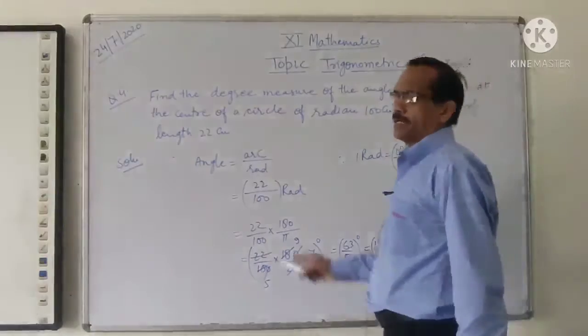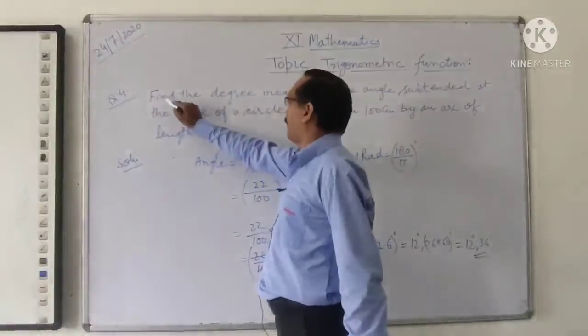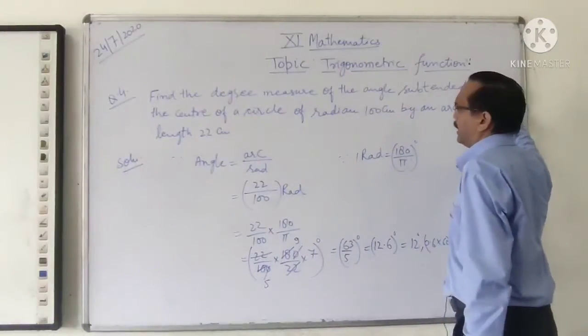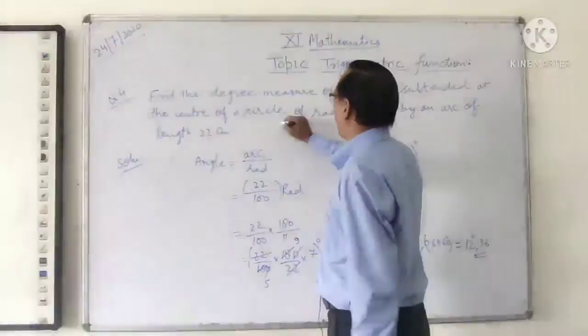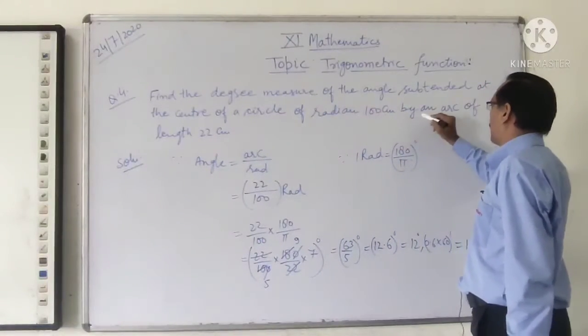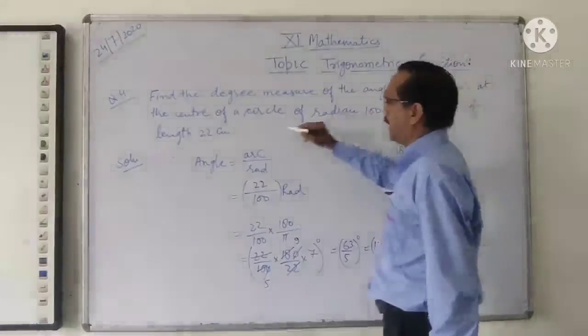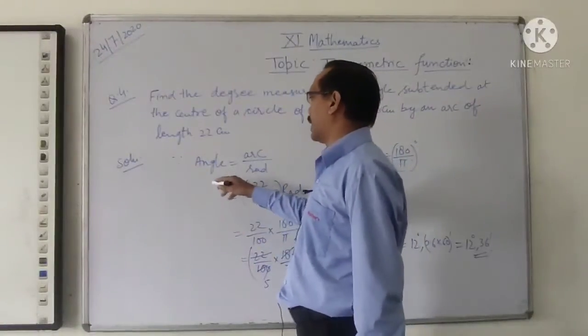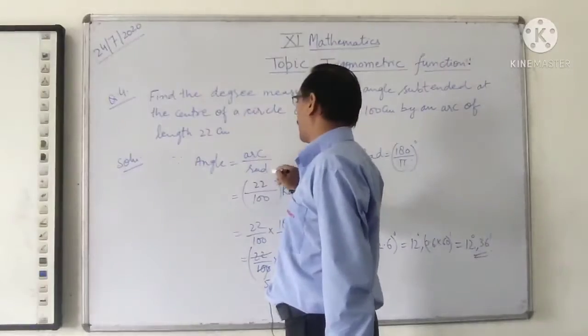Now, students, it is question number 4. Find the degree measure of the angle subtended at the center of a circle of radius 100 centimeter by an arc of length 22 centimeter. Students, there is a formula, angle equals arc over radius.